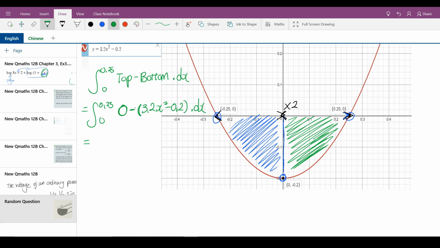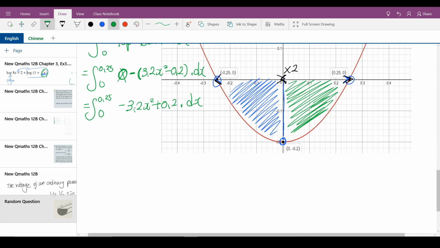Cool. Let's expand the bracket, and we can just ignore the 0 because it doesn't really matter. So the 0 is gone, but we have to expand the negative 1 into the brackets. So it becomes negative 3.2x squared plus 0.2, integrating with respect to x. Let's go.